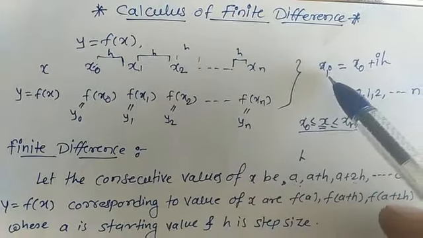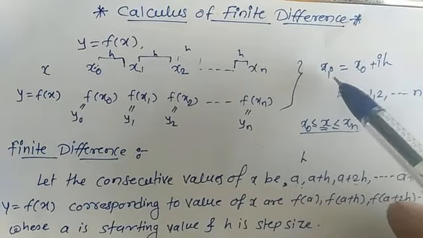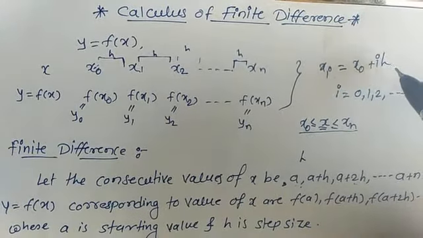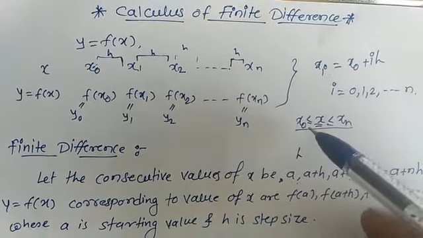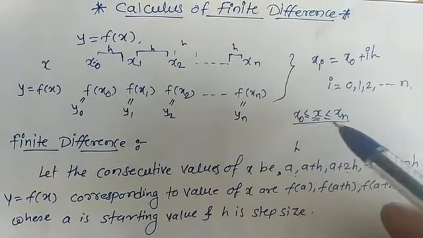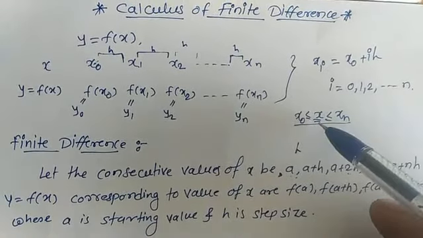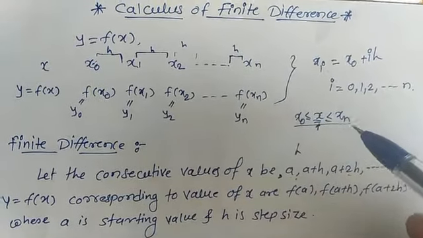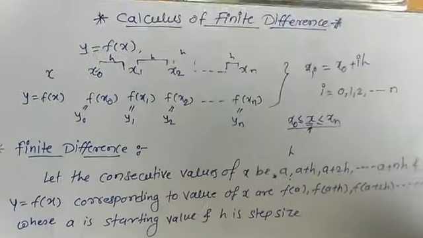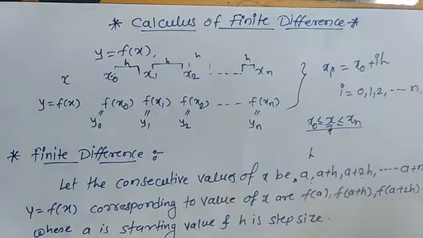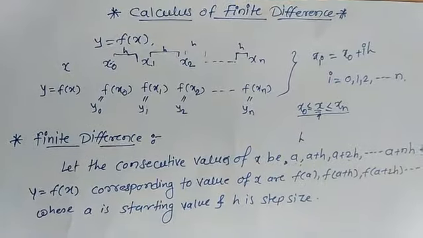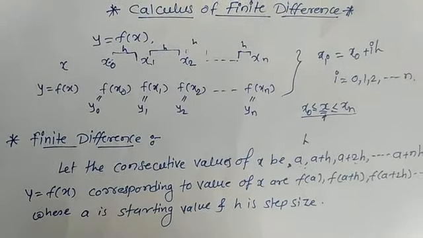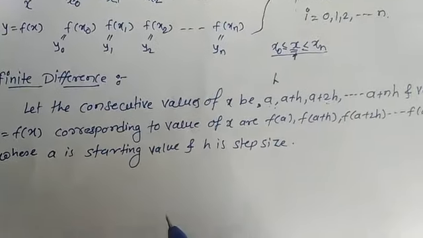So we can write a general formula as xi is equal to x0 plus ih, where i is equal to 1 to n. And if we want to find the value between x0 and xn, say an intermediate value x, we require some methods of finite differences, which we will study in this unit.